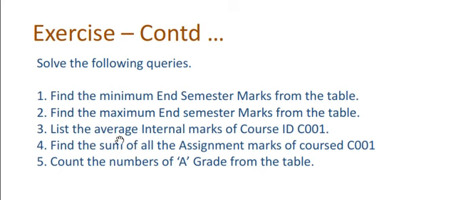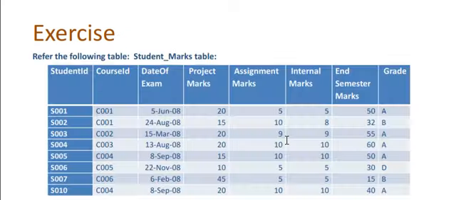Now, the average internal marks of course ID C001. There is a condition here, so I need to pick up only the C001 records and then perform the average. There are two records here.